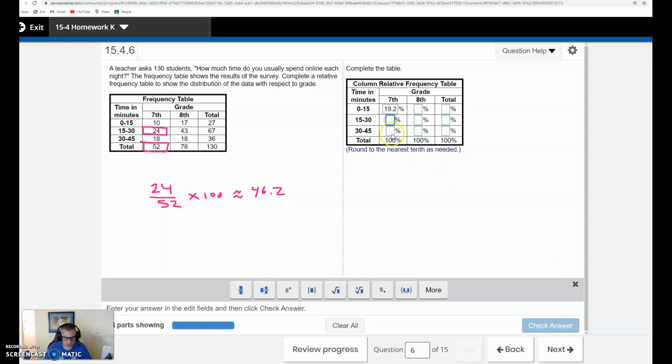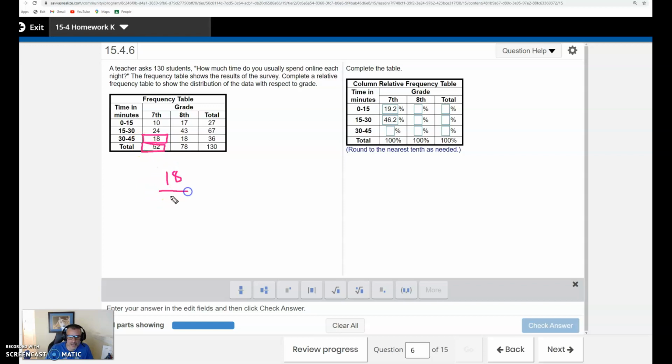So 46.2. And again, to get this last box, you could add these two together and subtract it from 100, or you can just calculate it. I'm just going to go ahead and calculate it. 18 7th graders said they spent 30 to 45 minutes out of a total of 52 7th graders.